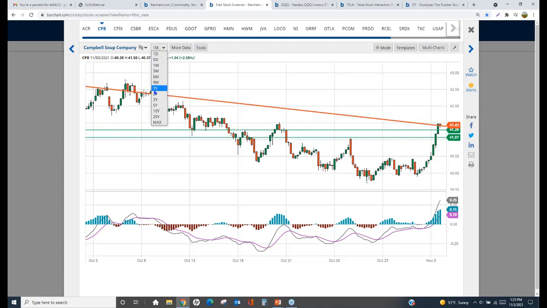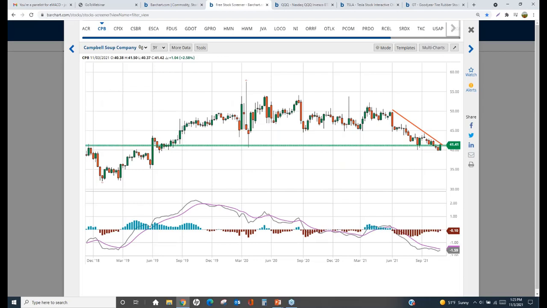Let's go up to a weekly chart. Here we see a little bit of a different story in terms of our positive divergence. We still see that our weekly trend is down, but our histogram is telling us at the weekly level, this weekly trend is losing momentum.